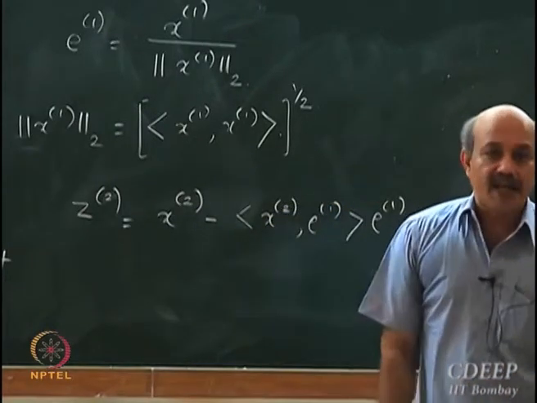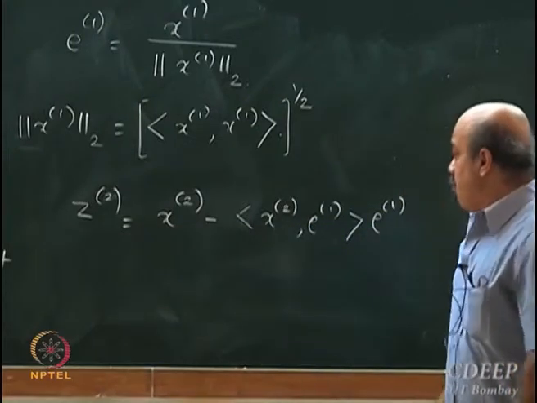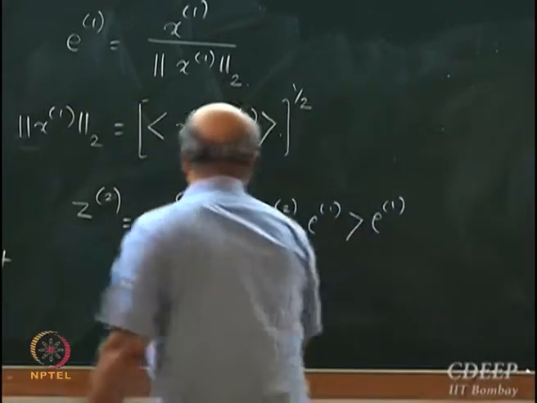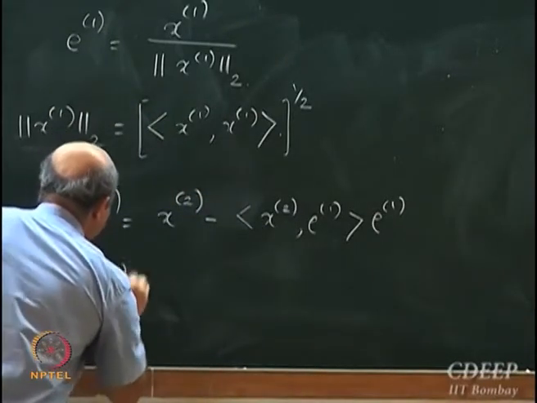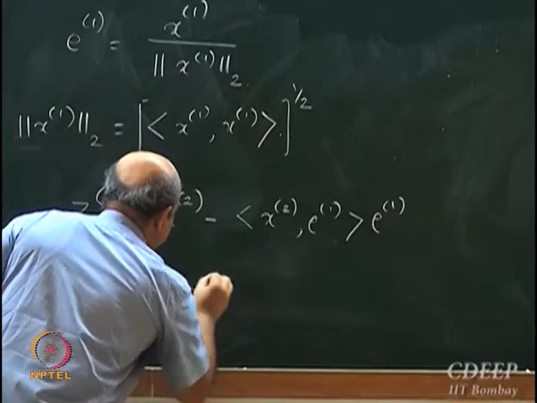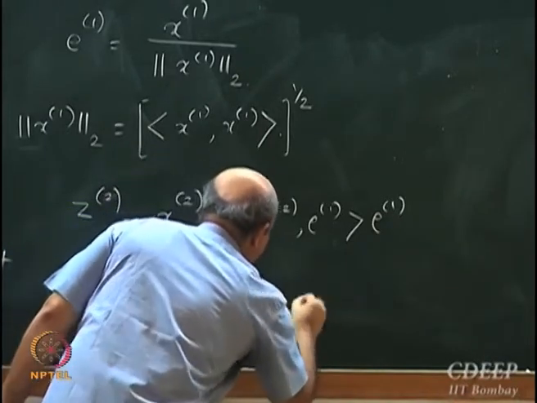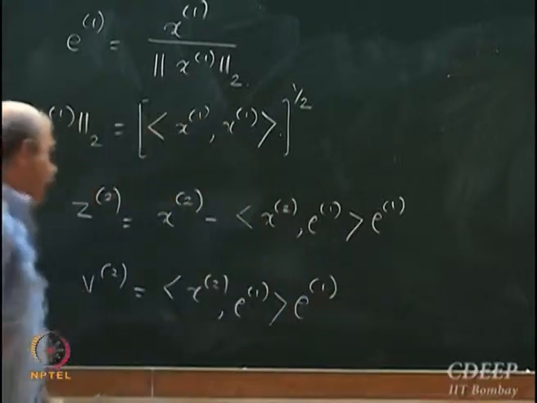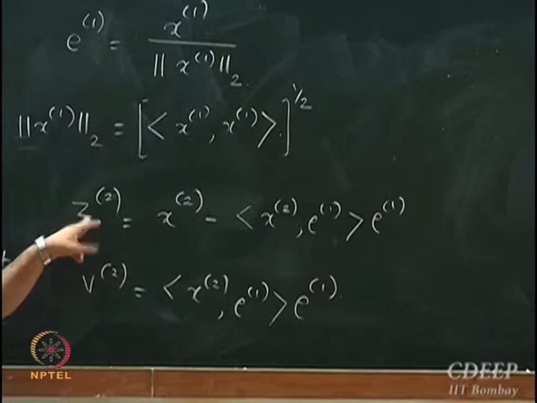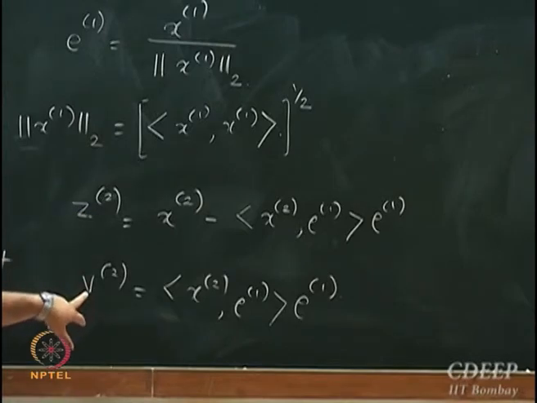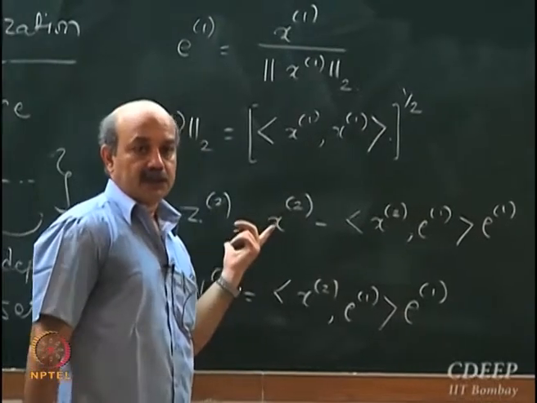You can very easily check this. If I define another vector say V2, I have two components of vector x2, z2 and v2. This is one component, x2 minus v2 is another component.